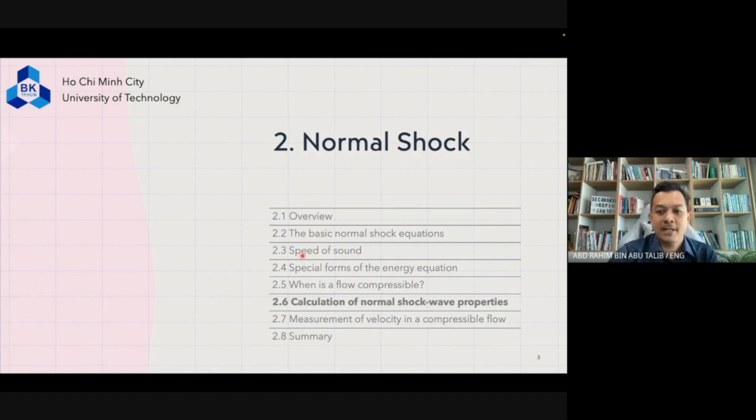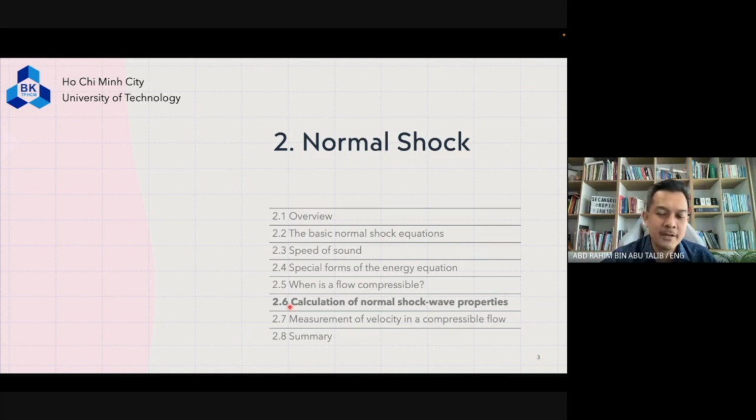And basically last week, in week number 4, we also looked into the special forms of the energy equation when the flow is compressible, as well as topic 2.6, which is the calculation of normal shock wave properties.